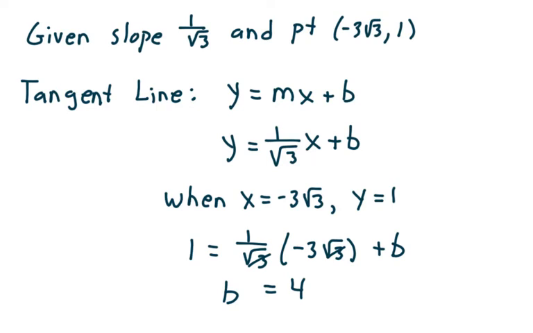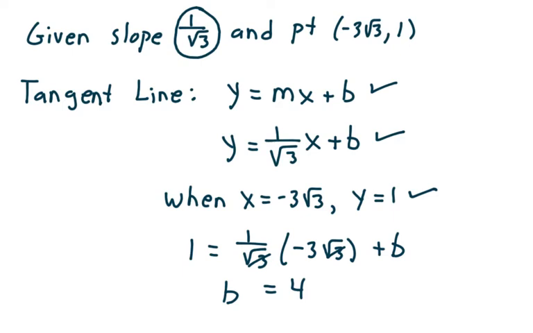The tangent line, we can write the equation as y equals mx plus b. This is just slope-intercept form. We already know that the slope is 1 over root 3, so I'm going to replace m with 1 over root 3. So y equals 1 over root 3 x plus b. When x is negative 3 root 3, y is equal to 1.